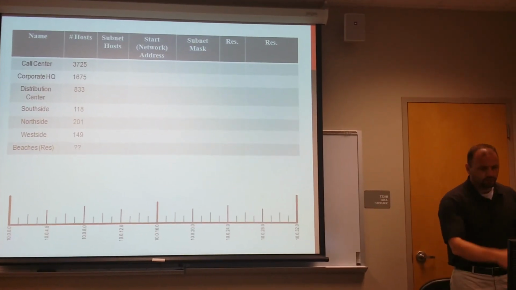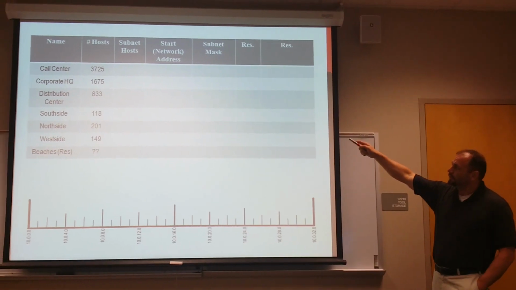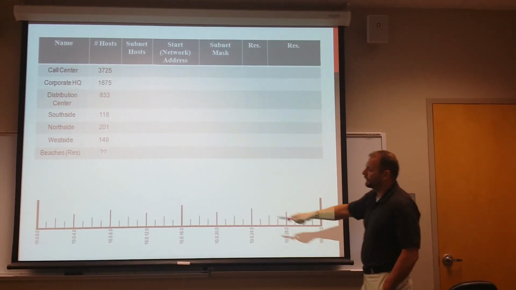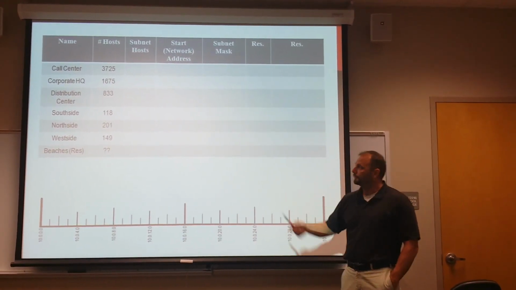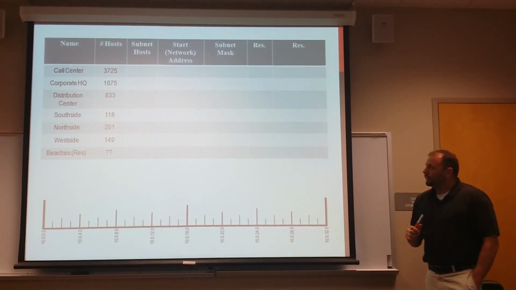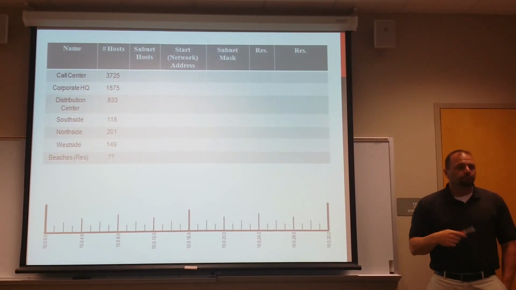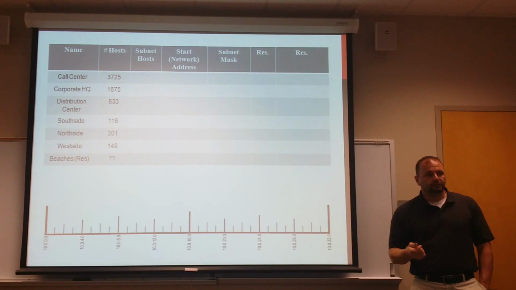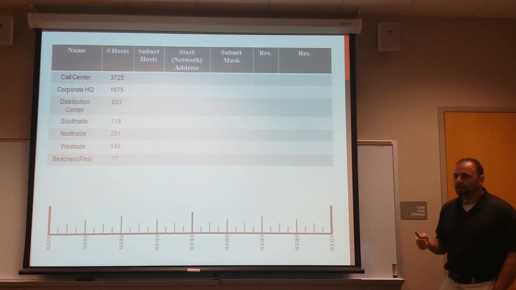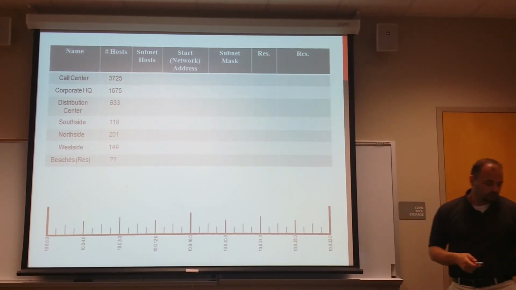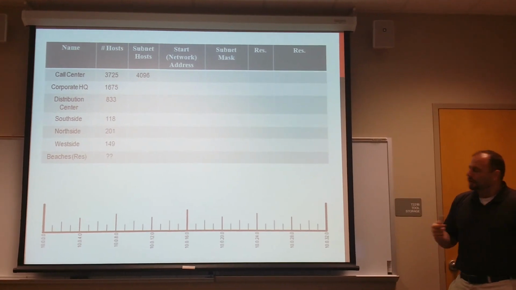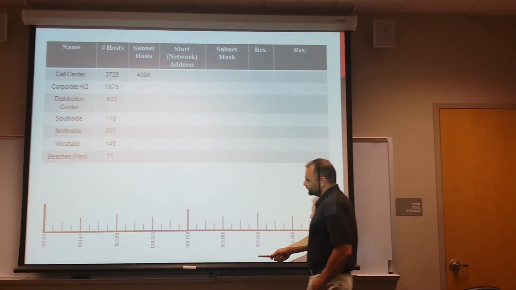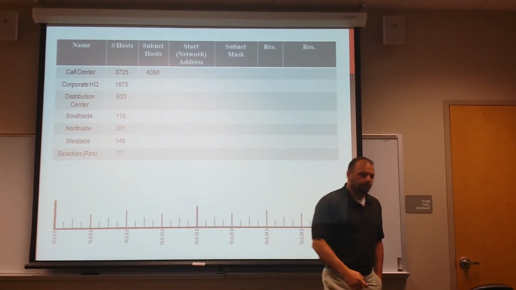So the first thing we're going to determine is our call center. It's obviously our largest number of hosts, so it's going to take up our largest portion of our network. So we have 3,725. Obviously the next largest division that can accommodate that is 4,096. So when we do that, it's half our network.